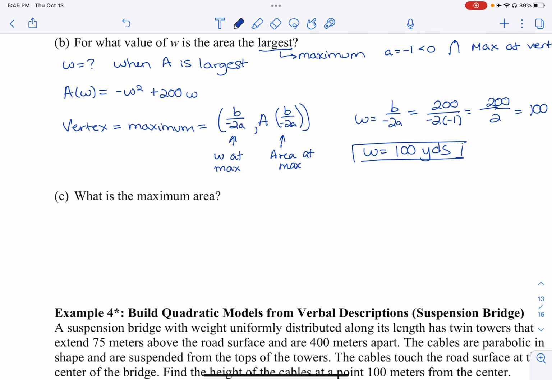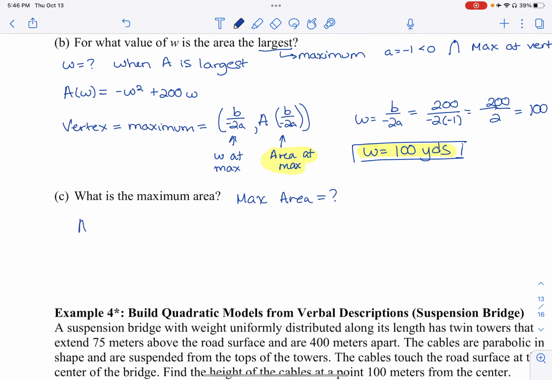The next section wants to know what is the maximum area. Max area equals what? We know again the maximum area we saw right up here is going to be at the vertex. So we just found that the width when it's maximum is 100 yards.